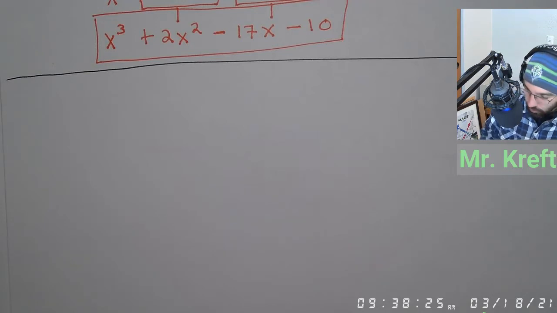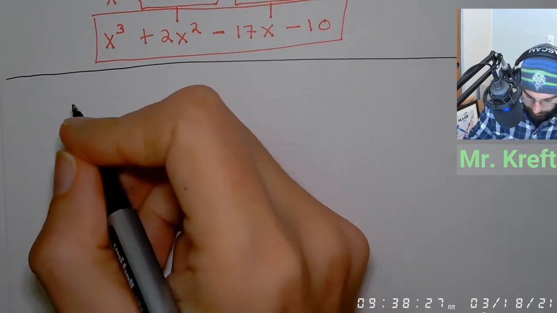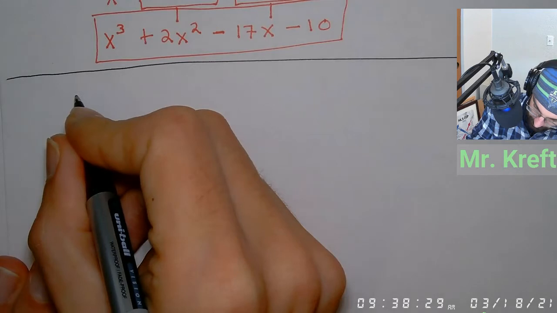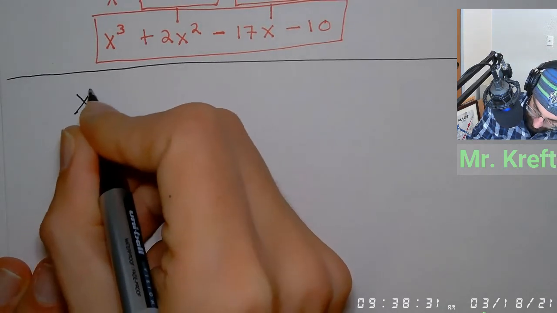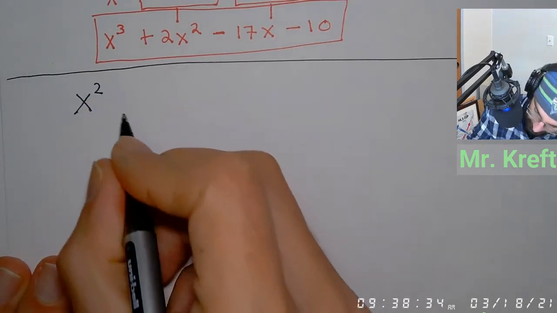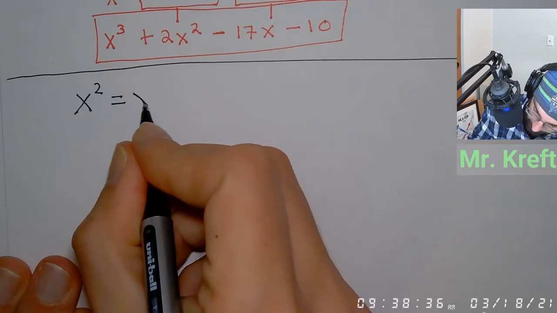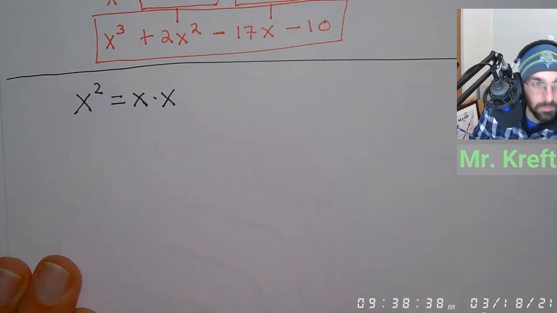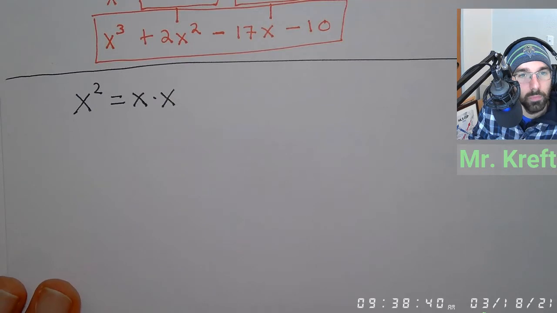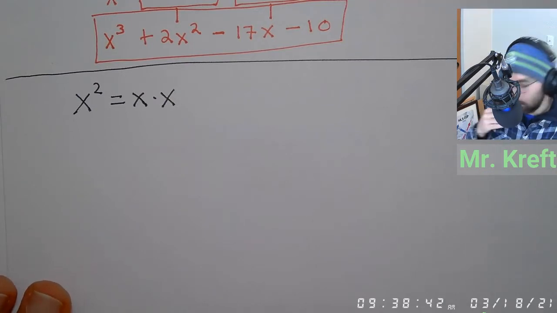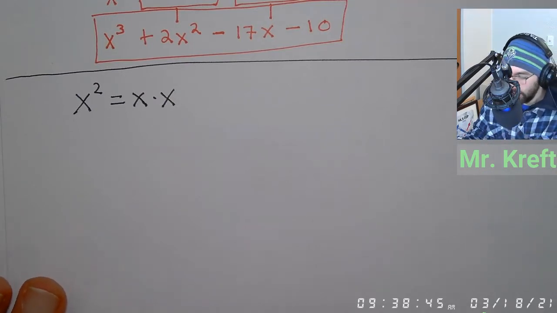Okay. All right. So the last thing I want to show you is this, right? The last new thing. If I have x squared, that equals x times x. Right, and I think I showed this earlier, right? So we're okay with this.